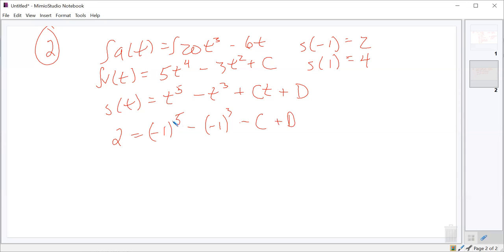And that should give me, so this becomes a negative 1. This becomes minus a negative 1. So negative 1 minus a negative 1 should be 0. So we get 2 equals negative c plus d.